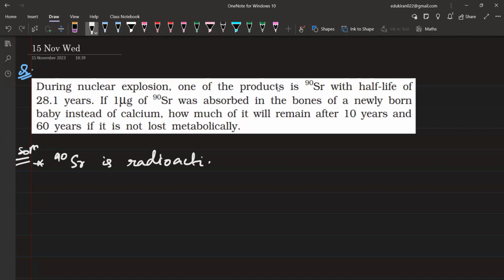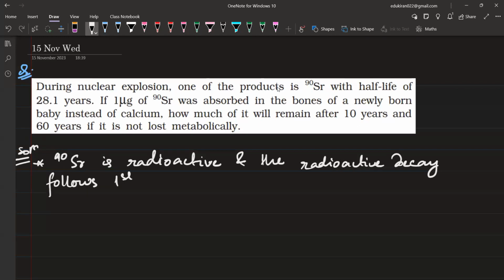Now radioactive decay is a process with a reactant and a product. Radioactive decay follows first order kinetics.